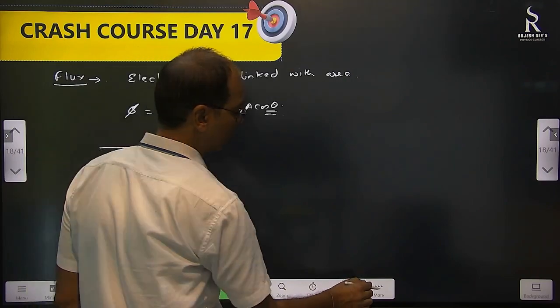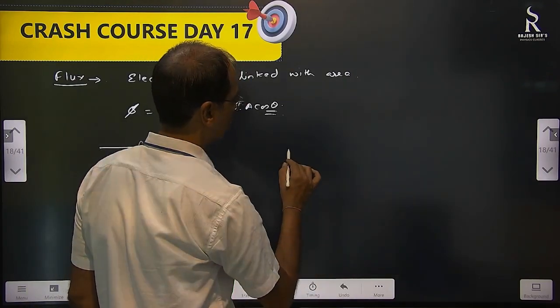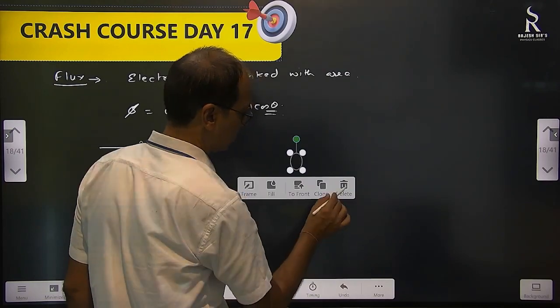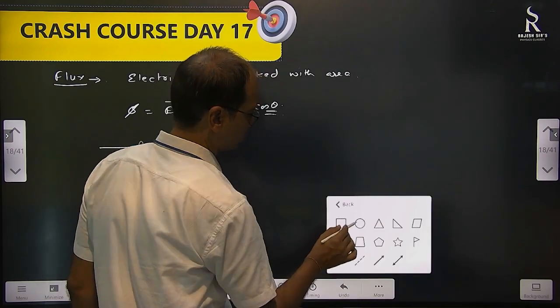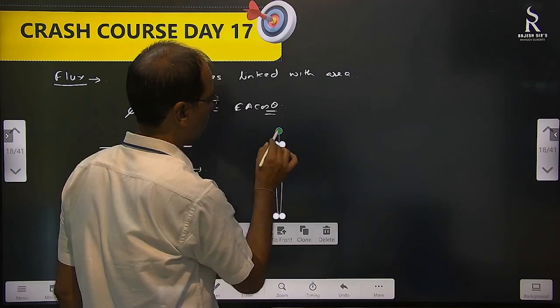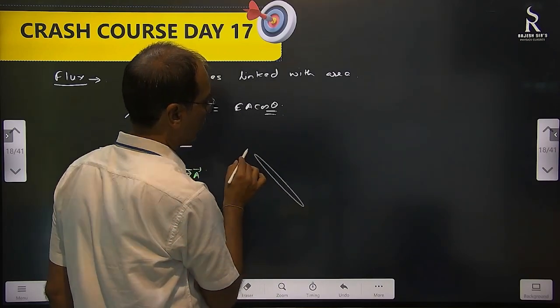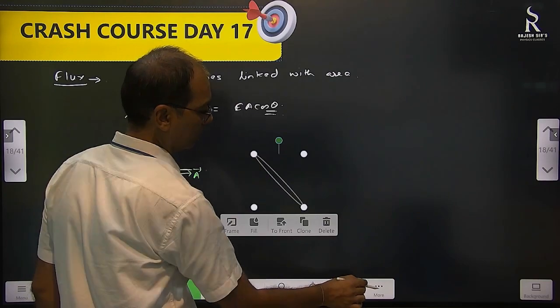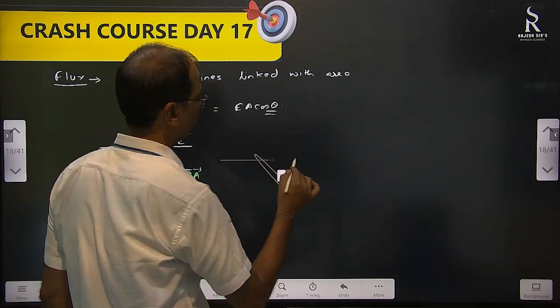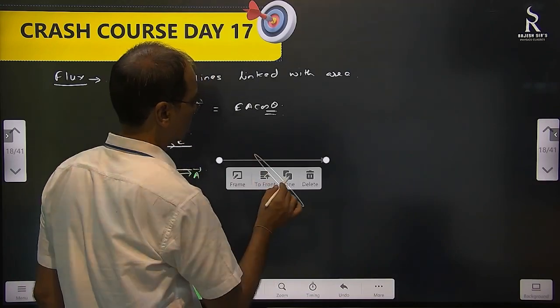But if suppose we tilt this ring, we make it like this, not like this. So we tilt it in this way, and the electric field remains in the same direction. So the electric field is like this only.